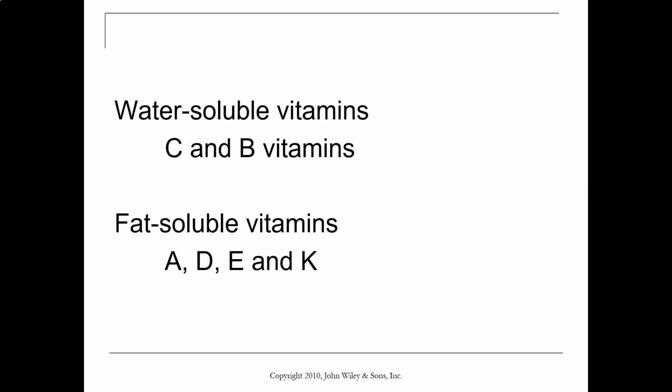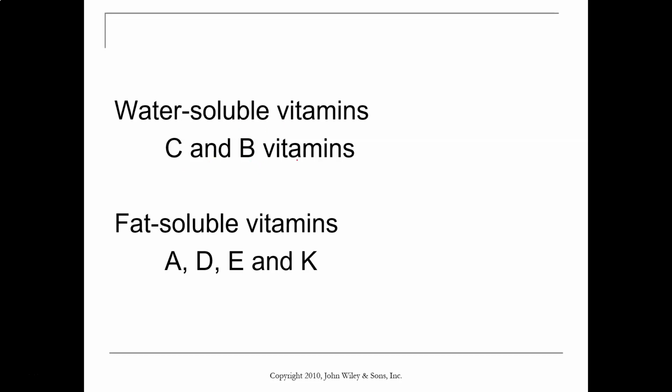Okay, so those are the organic nutrients, and then just a little bit about vitamins. So this is very minimal. If you take nutrition, you'll learn a lot more about these. But in our course, I just want to go over a few things about vitamins. First of all, they can be divided into the water-soluble and the fat-soluble group. The water-soluble vitamins are the C and B vitamins.